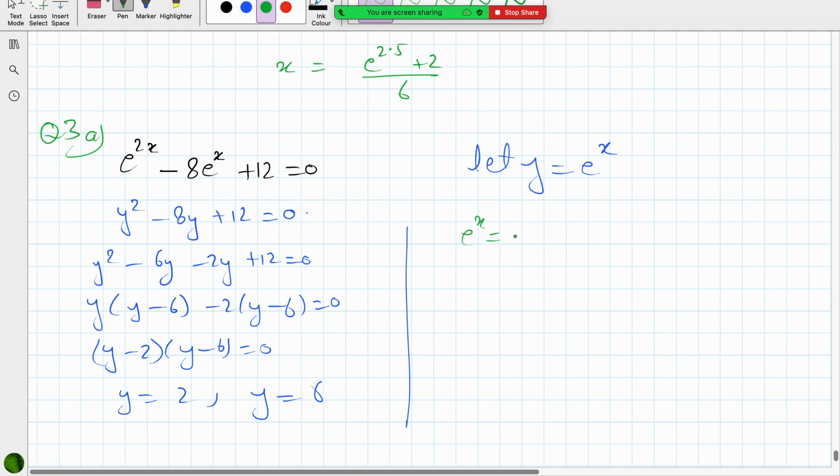So e raised to power x is equal to 2 and e raised to power x is equal to 6. Now this is index form. So when you change it into logarithmic form, this becomes x is equal to ln 2 and x is equal to ln 6.